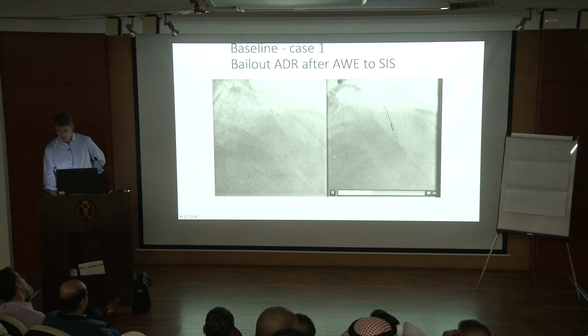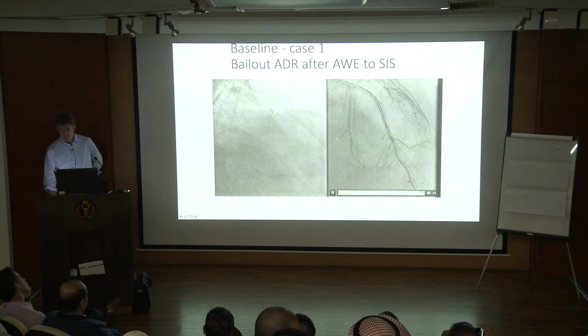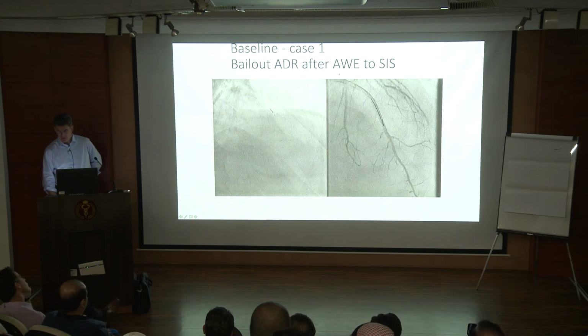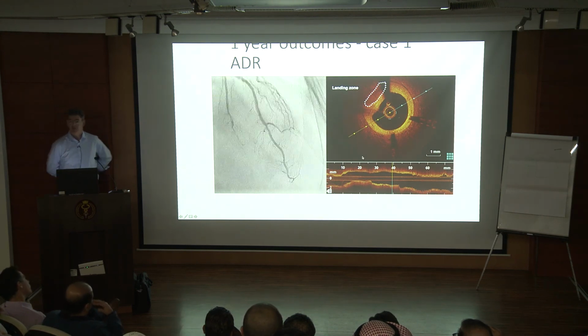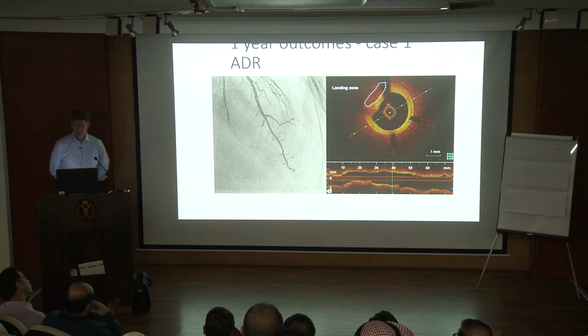This is a typical case included in the study. Bailout ADR after the antegrade wire ended up in the subintimal space. Here we are at 1 year. So there are 200 cases of OCT follow-up at 1 year.